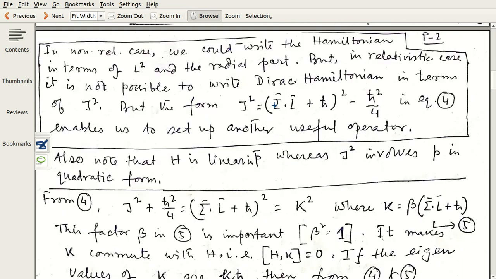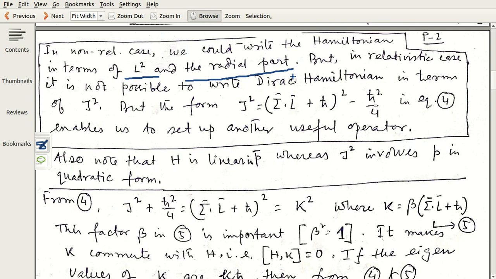Now in the non-relativistic case we could write the Hamiltonian in terms of L square, as I have already said, and we know that we expanded grad square in r, theta and phi, and the theta phi part gives the form of the L square operator. And with the L square operator in the non-relativistic Hamiltonian, the associated radial part was there.